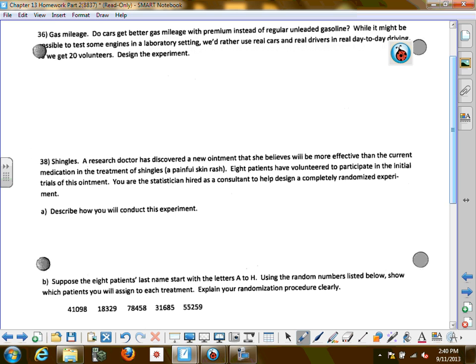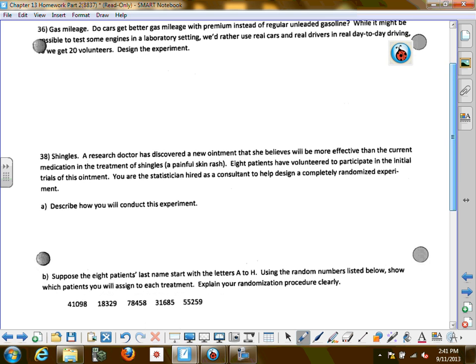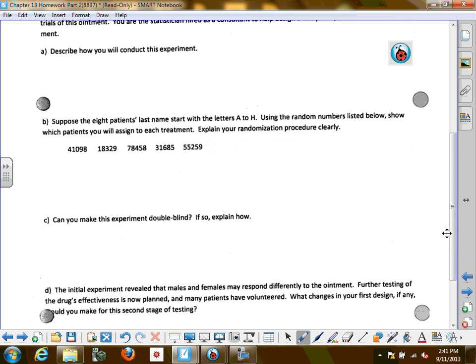Next, number 36 and number 38 are describing how you would conduct this experiment. So this is your chance to give a full, detailed picture and explanation of your choices.